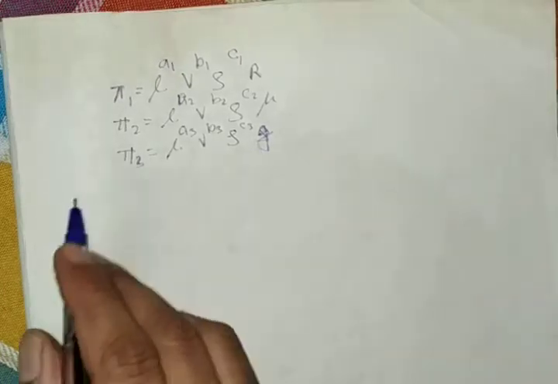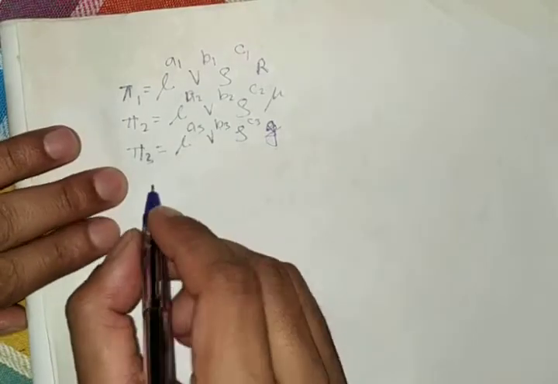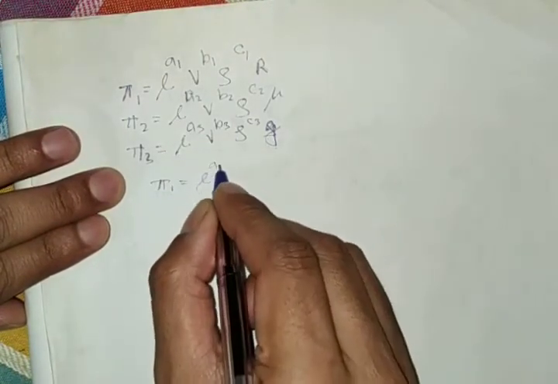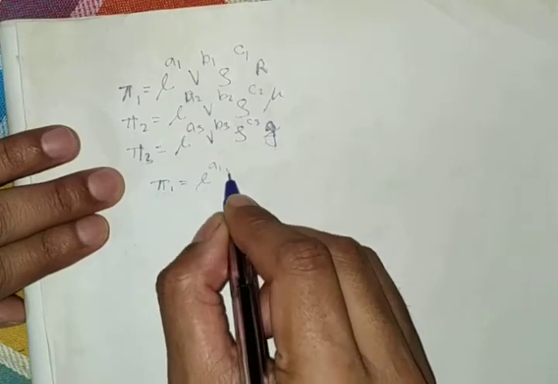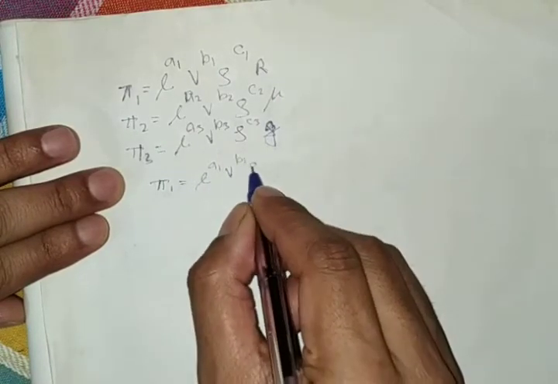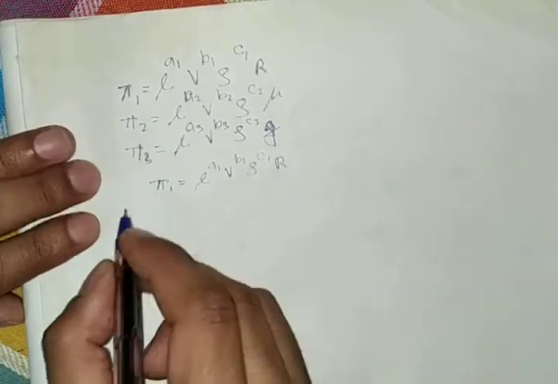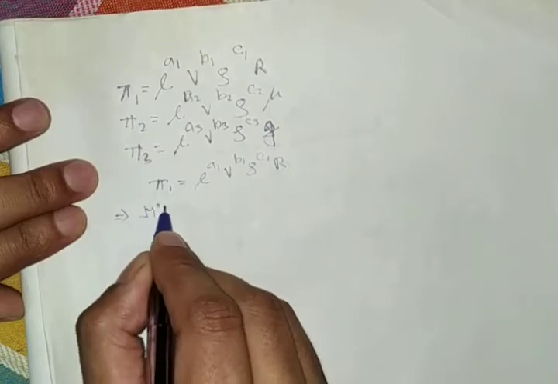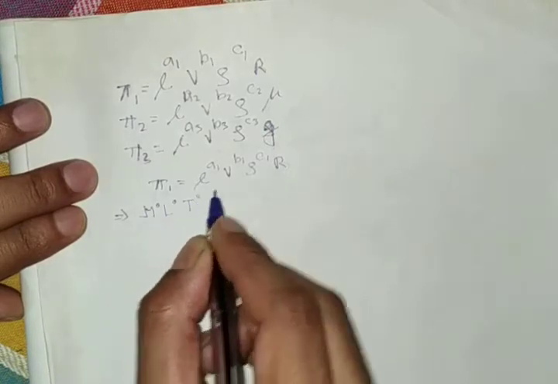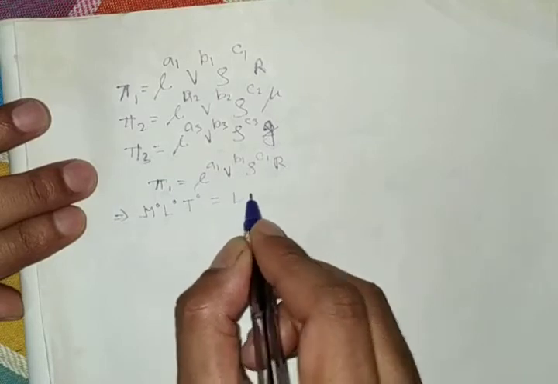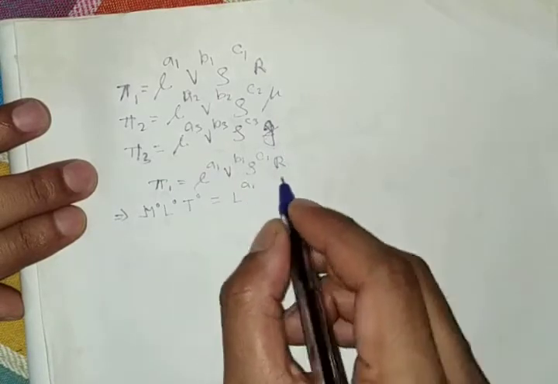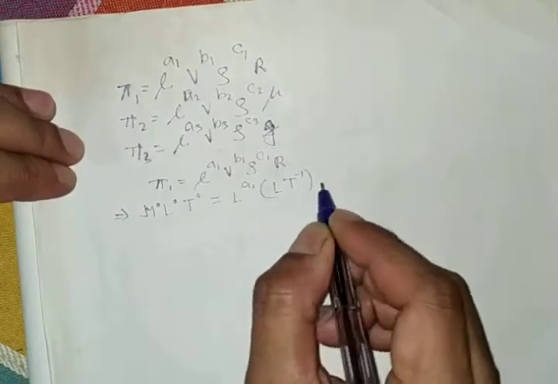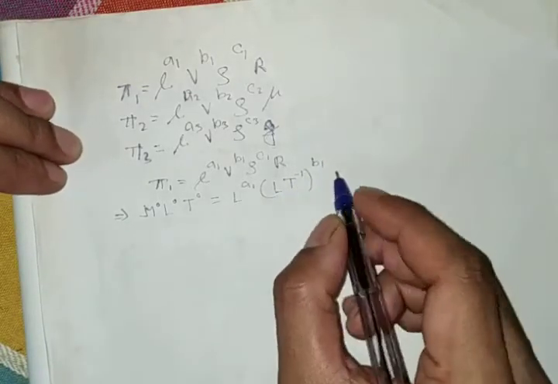So let's consider this first pi term, L to the power A1, V to the power B1, rho to the power C1 and R. Since pi 1 is dimensionless, I put M0 L0 T0, and for L I am putting L. For velocity it will be L T^-1 to the power B1.